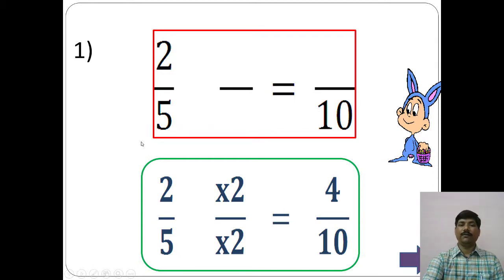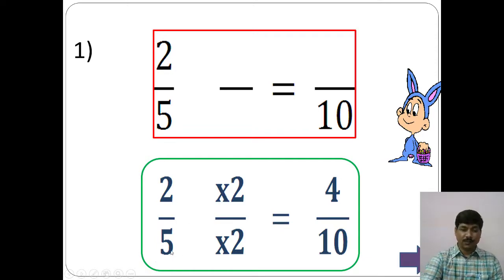How do we get 10 from 5? By multiplying. So 5 multiplied by 2, you will get 10. As I already told in the tip, if we multiply or divide the numerator or denominator by any number, then the other must also be divided or multiplied by the same number.